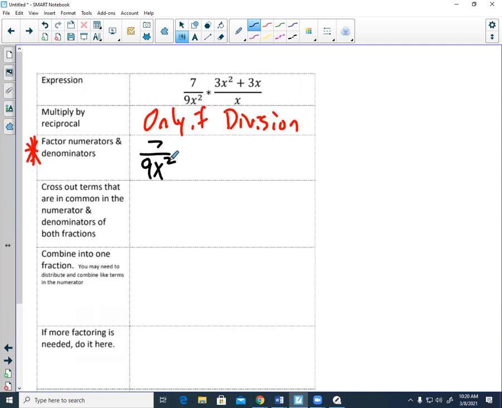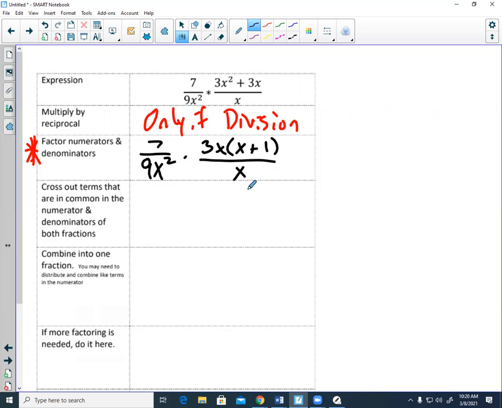If you wanted to, I guess you could call it 3x times 3x. But most people probably wouldn't factor that because there's not much to do. Right? The thing on the right, what can I take out of the numerator on the right side? I can take out an x. Can I take out any more? 3x. Okay? So I can do that.